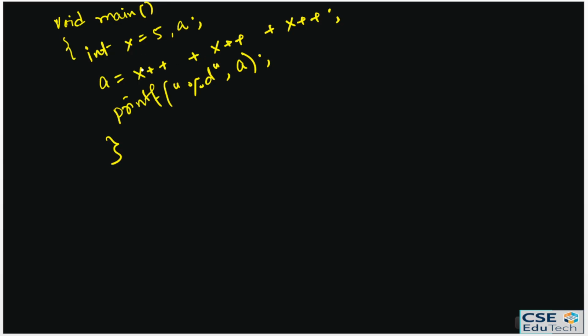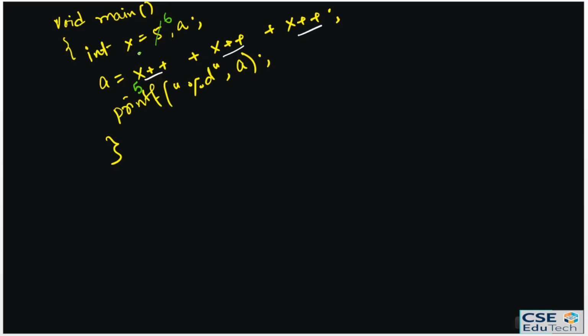Look, these are all post increments. In the case of post increment, it means first it uses the value, then increments. So in the first case, x plus plus, first it uses the value, which is 5, and then it increments the value. So now the value is incremented to 6.